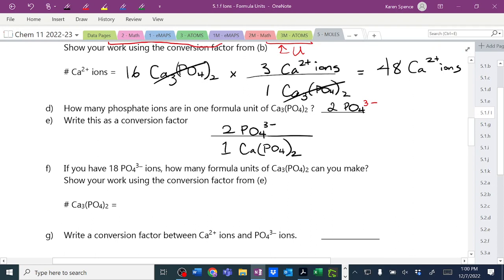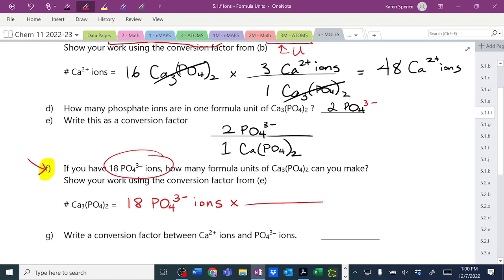What is the initial quantity in part F? 18 PO4 ions. So we have 18 PO4 3 minus ions, don't forget the 3 minus. What has to go on the top, and what has to go on the bottom?